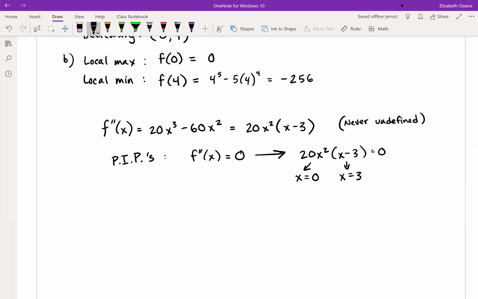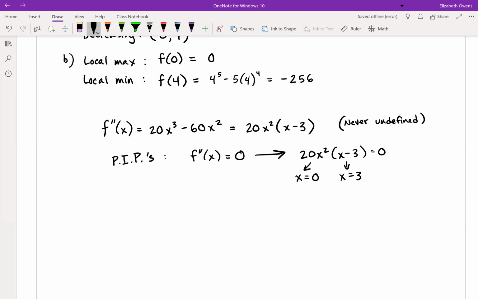Now pick some number in between 0 and 3. 20x squared would be positive for that. 20x squared actually is positive anywhere because of the x squared. Interesting. And then if you picture that number between 0 and 3, I'm thinking of the number 1, by the way. You might be thinking of 2 or something else, some decimal even, whatever.